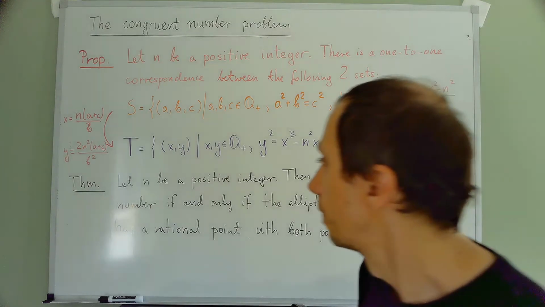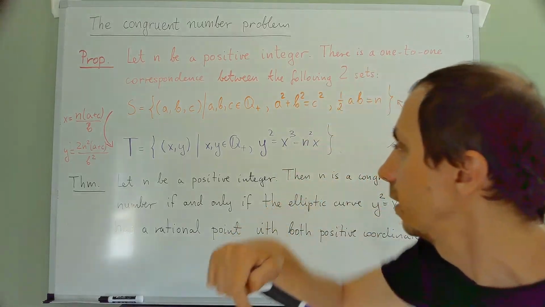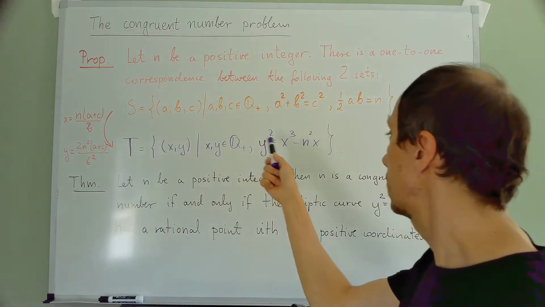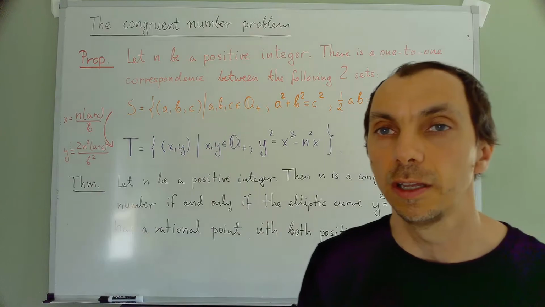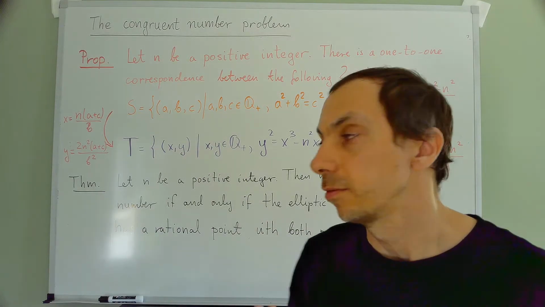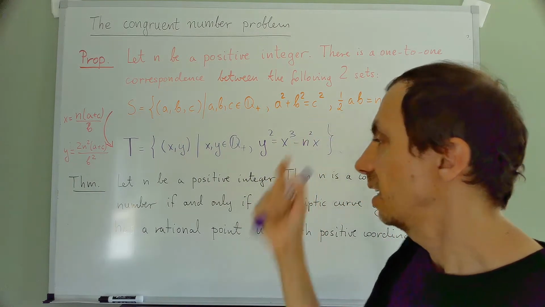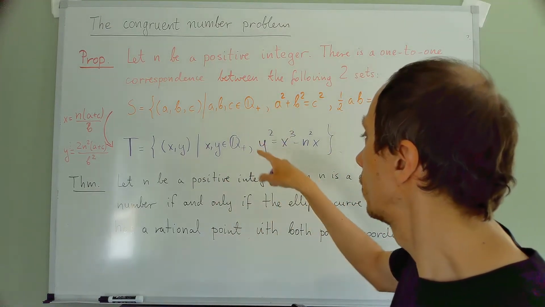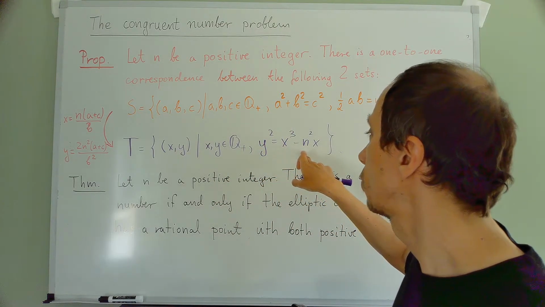On the other hand, according to this map the other way, if I take that elliptic curve for some given number, and I don't know if it's a congruent number, for some n, so let's say n equal to 5, I'm looking at y squared equals x cubed minus 25x.